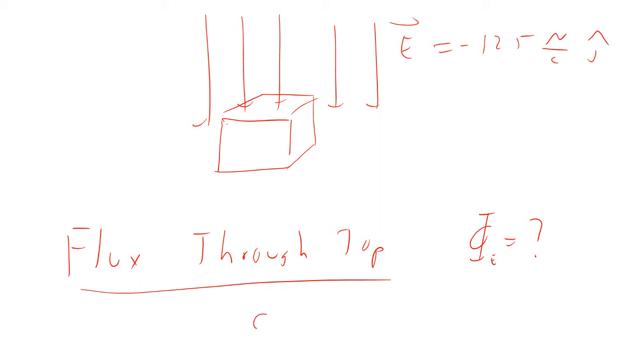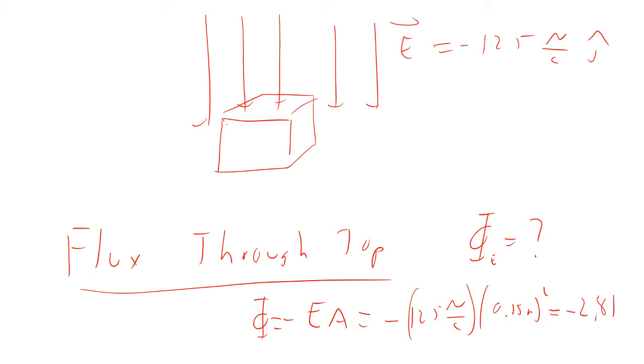It's just going to be equal to minus EA, taking the magnitude of E. So that'll be minus 125 newtons per coulomb times A squared, 0.15 meters squared. And so the flux into the top is going to be minus 2.81 newton meters squared per coulomb.